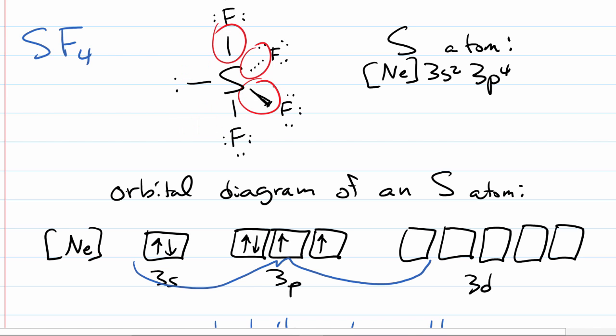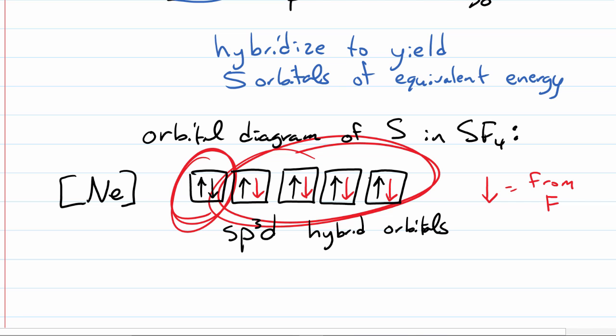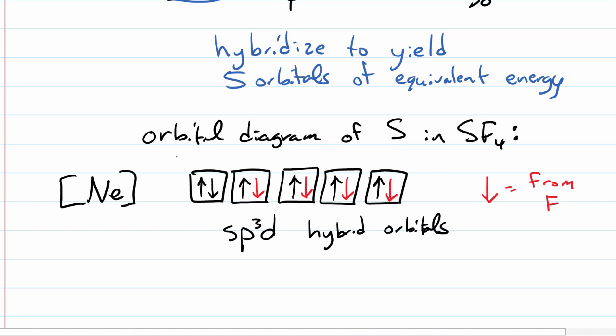And these hybrid orbitals then are the orbitals of equivalent energy that is used to explain why we can have an excess of an octet, or an excess beyond an octet. So that is hybrid orbitals.